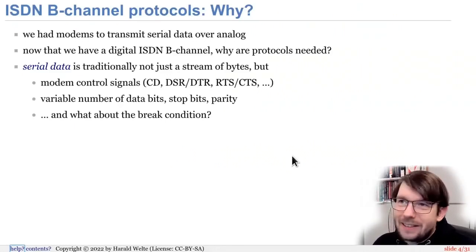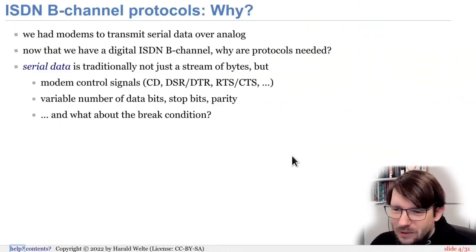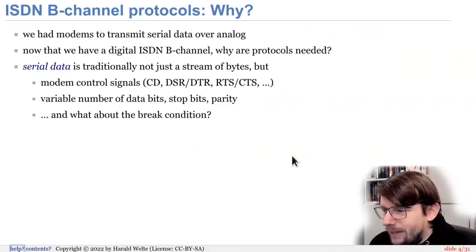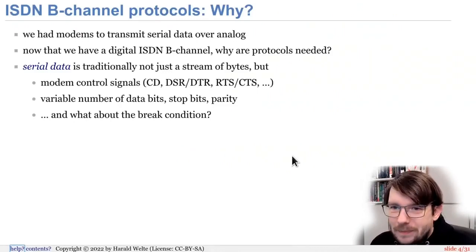And last but not least, there are obscure things like the break condition on serial lines that you may want to replicate in a transparent way. When ISDN was introduced, all the existing applications for data were developed for modems before, and now ISDN needed to provide the emulation of what modems did.